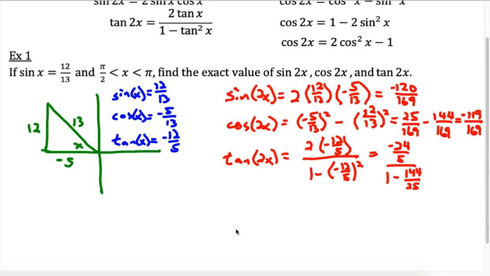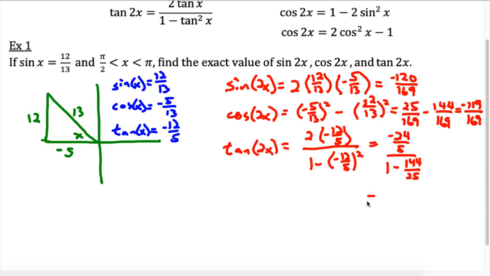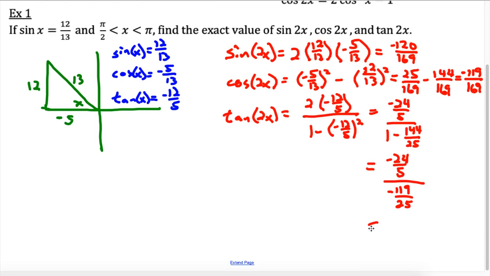And that would then simplify to negative 24 over 5 over, I need common denominators to subtract these, so 25 over 25 minus 144 over 25, which is negative 119 over 25. Then I can rewrite this as negative 24 over 5 times 25 over 119.